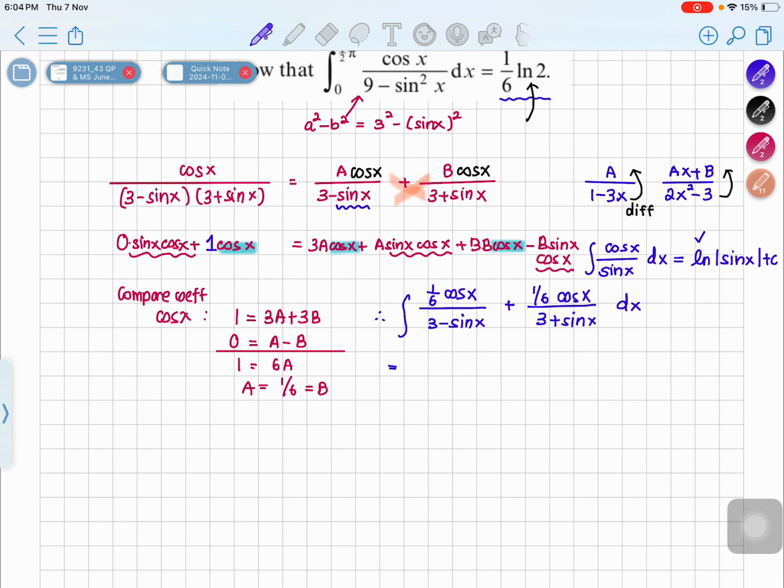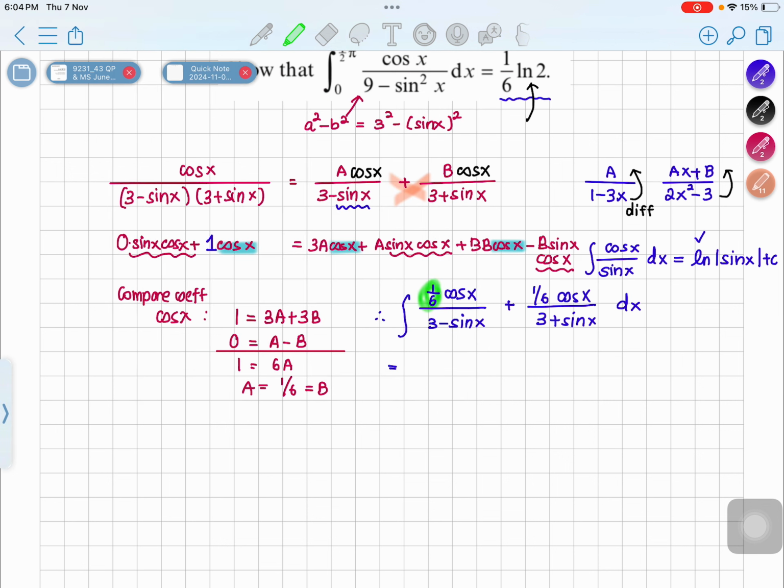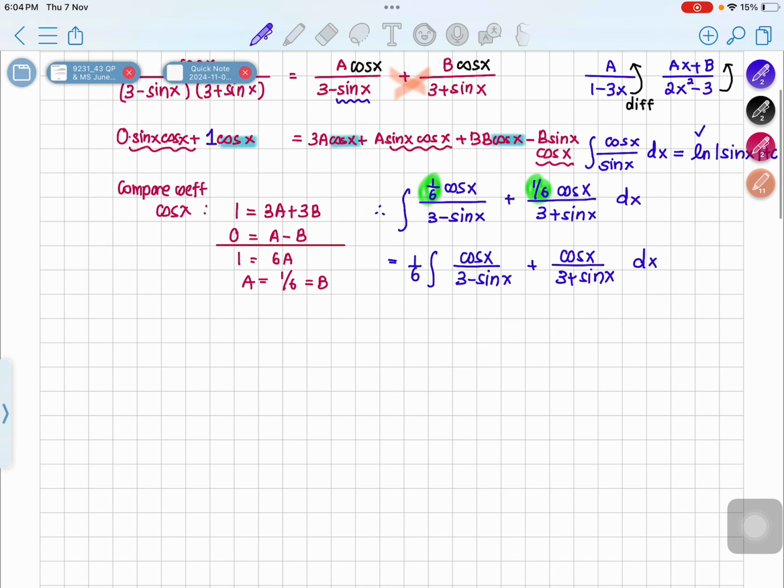Since I have 1 over 6 on both sides, I'm going to drag the constant out. Now, what form is this? If you differentiate your sin x, are you getting cos x? So it's a perfect fit.